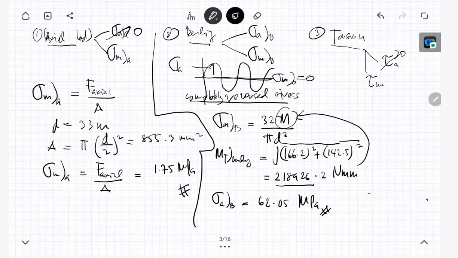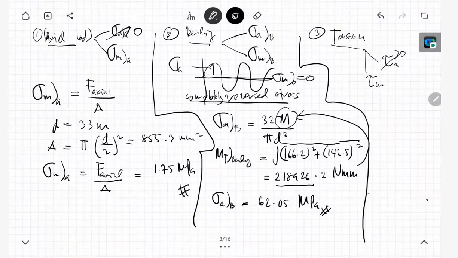Okay, untuk torsion, we don't have alternating. So it just has the steady load, shear load, steady shear stress.